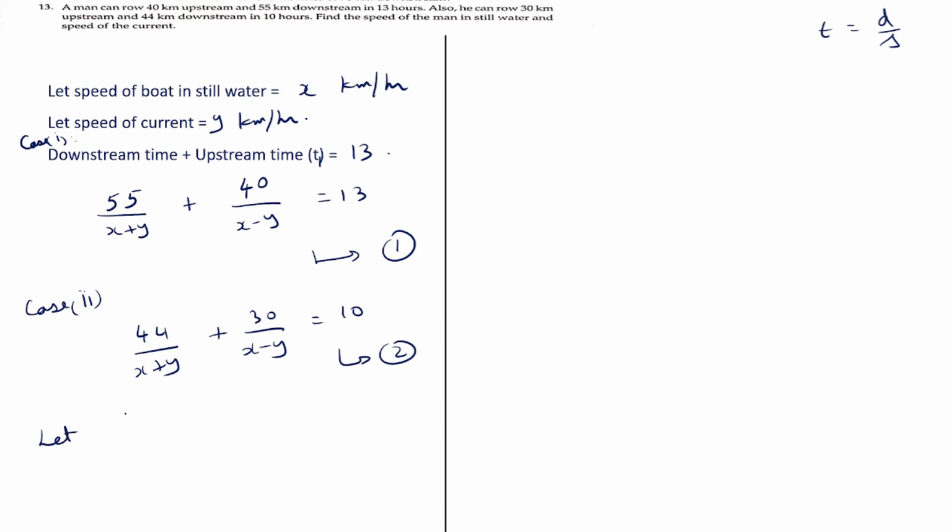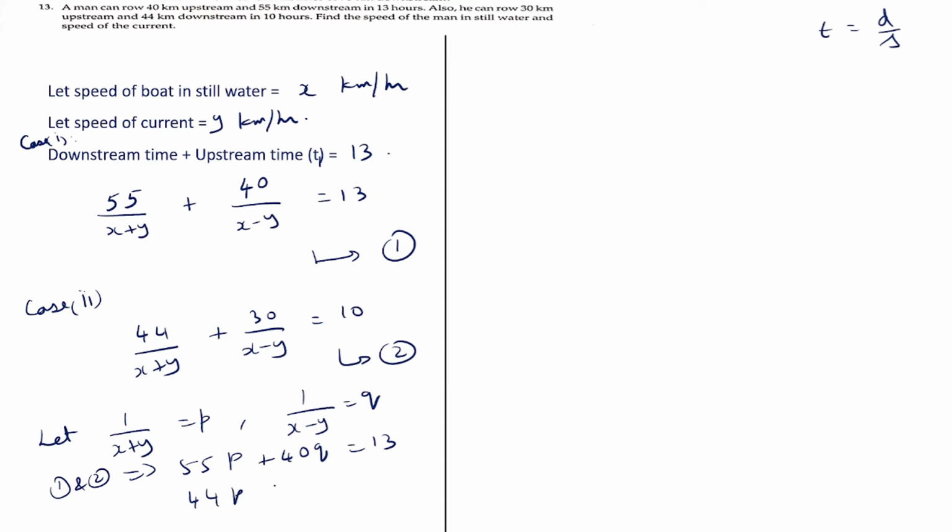Now let 1 by x plus y be some variable p and 1 by x minus y be some variable q. So 1 and 2 imply 55p plus 40q equal to 13. Then 44p plus 30q equal to 10.